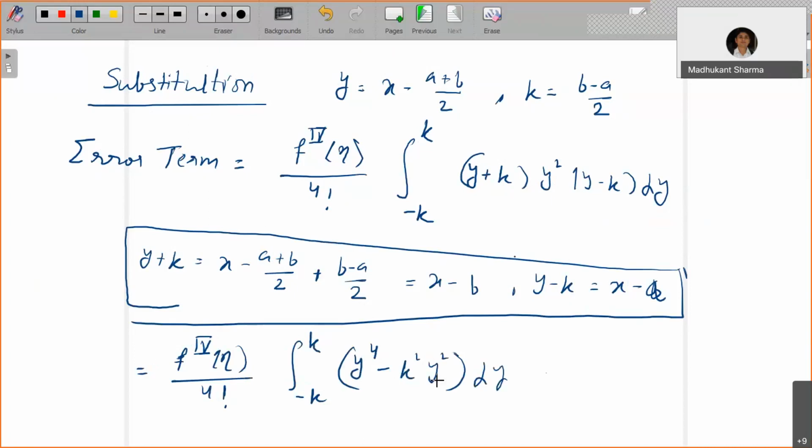So it is an even function, you can use the definite integral property and you can solve this. Then I'm going to write the final term here. That's going to be minus the fourth derivative at eta by 90 times b minus a by 2 to the power 5.